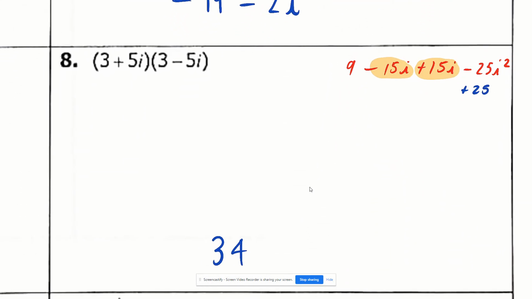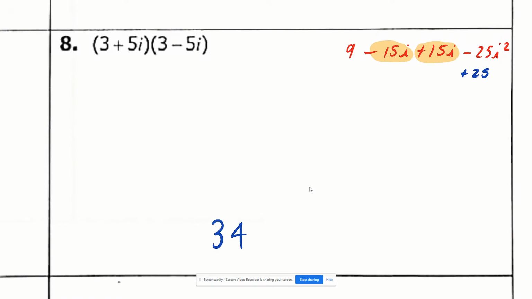Number 8 was kind of a unique one because it's kind of like difference of squares. It's a little different than difference of squares because it's got i's and not x's. But when I distribute, you can see that work up there on the top right corner. 9 minus 15i plus 15i minus 25i squared. Here's the unique part of this.